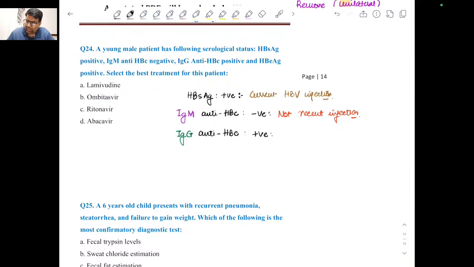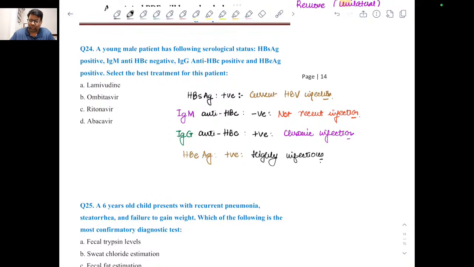So it means there is chronic infection. Okay, so it's a chronic infection. And lastly, hepatitis B envelope antigen is positive. It means the patient is highly infectious.